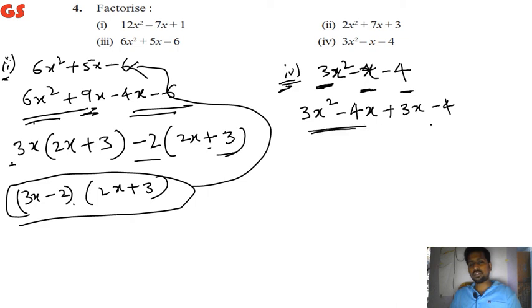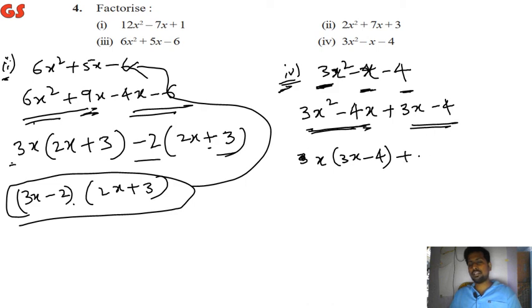Now you take the two terms. You can't write 3 as common, so you have to write x as common, and 3x inside this, and 4. If you multiply this, it becomes 3x square first term and minus 4x second term.